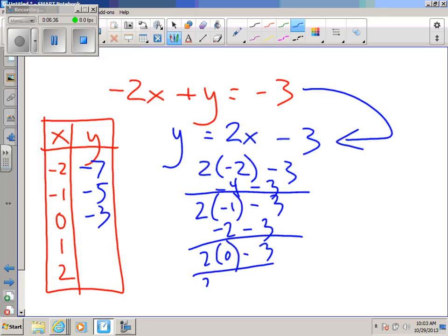Plug in the 1. 2 minus 3, negative 1. And then finally plug in the 2. 2 times 2 is 4, minus 3 is 1. Okay? Any questions how we got from the start to where we are now?